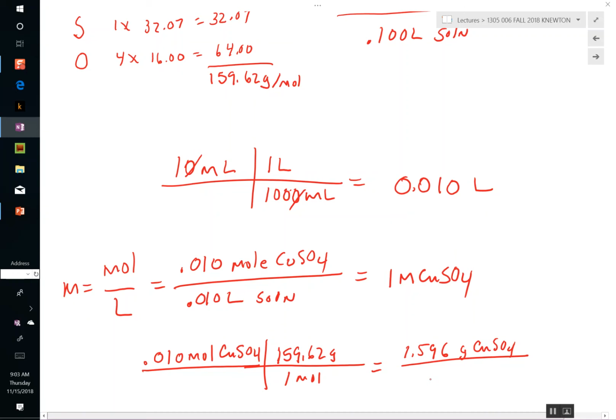Notice as I dilute it, I'm not changing the amount of copper sulfate in here. The moles of copper sulfate is in there, but I am spreading it out in a lot more water. I'm running out of water. Oh, that's salt there.